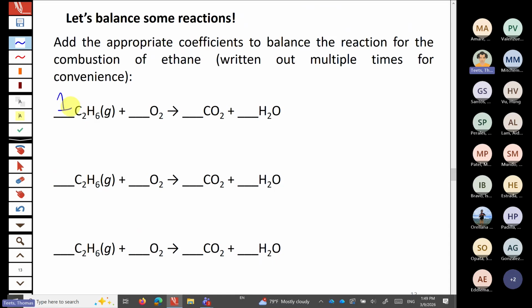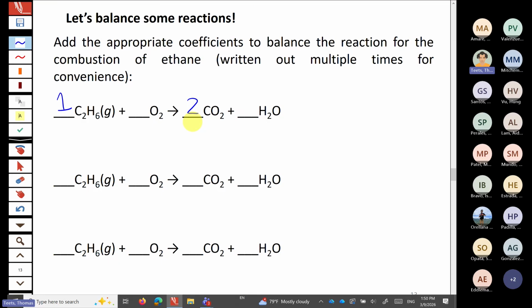Now, the way that you typically will start out with balancing is look for an element that only appears once on each side of the arrow. We have carbon, hydrogen, and oxygen in this equation. But carbon only appears on the left side here and only appears on the right side as CO2. So carbon is an element that only appears once on each side. If we set this coefficient to 1, there's 2 carbons in that formula. So we need a coefficient of 2 there to make sure that there's also 2 carbons on the product side.